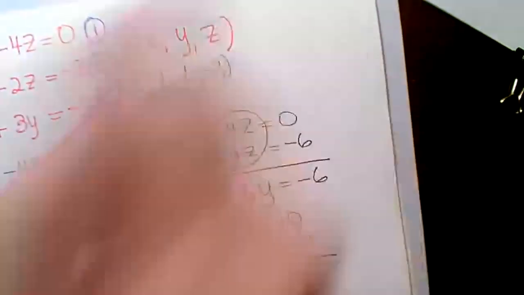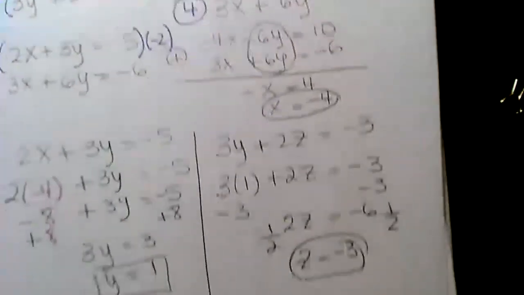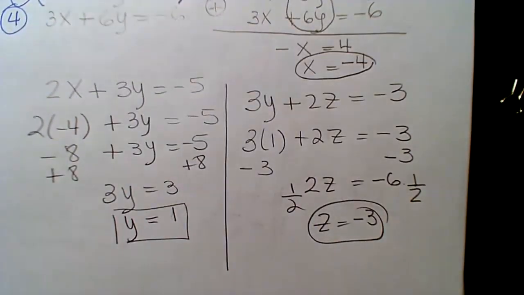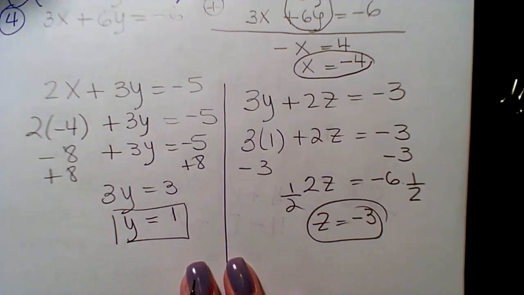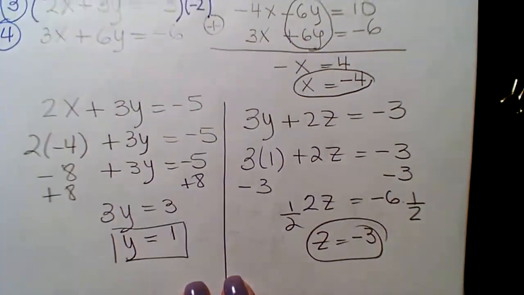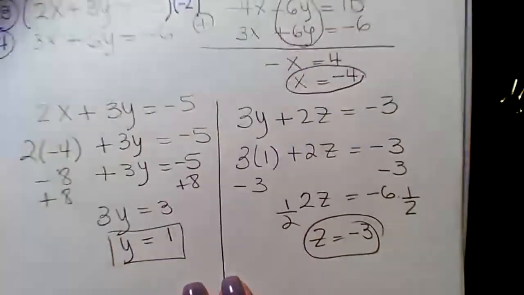To negative 3. Okay? We can replace them at the end. Doesn't matter which equation we're going to do. Okay, now that was 26. Hold on a minute. Put this aside.